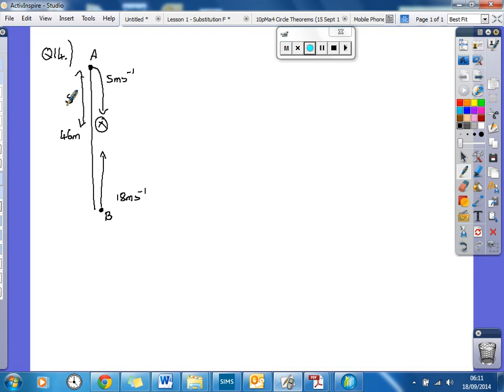Okay, as I mentioned to you before, it's quite handy in a lot of questions to write an expression for the displacement of an object at a given time. So if we're going to write the displacement of A, we're going to take these as separate journeys. The displacement of A is equal to ut, which is 5t, plus a half at squared.